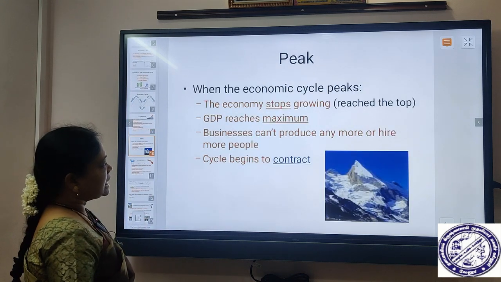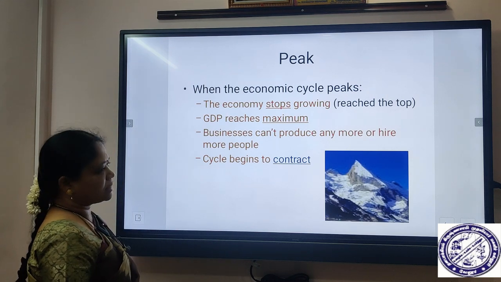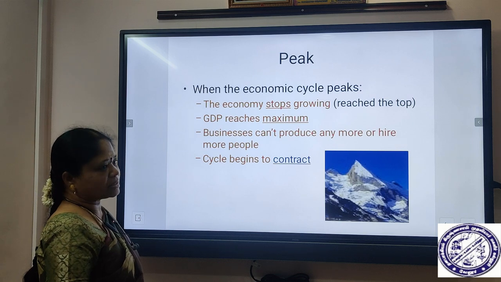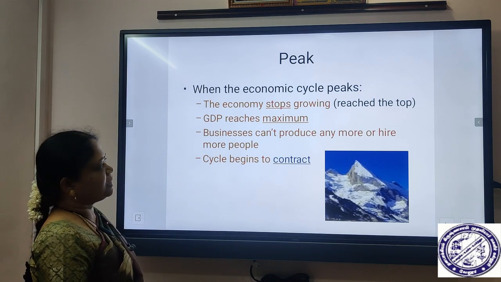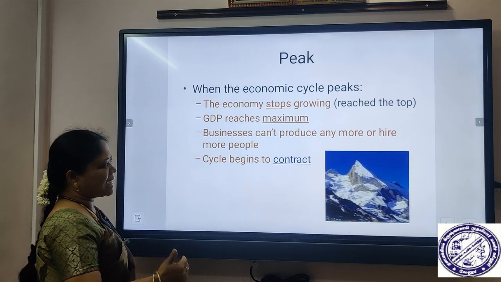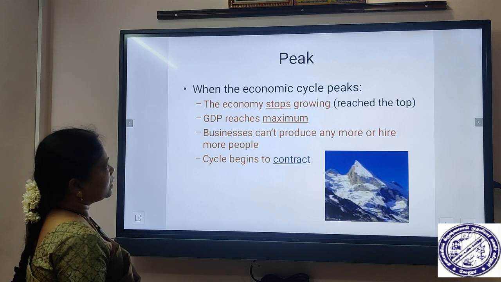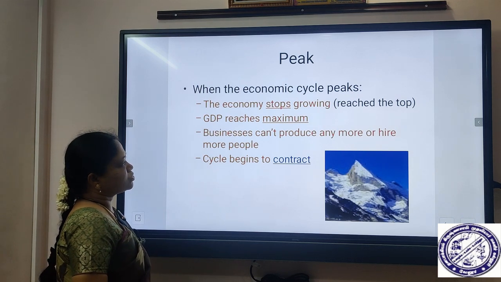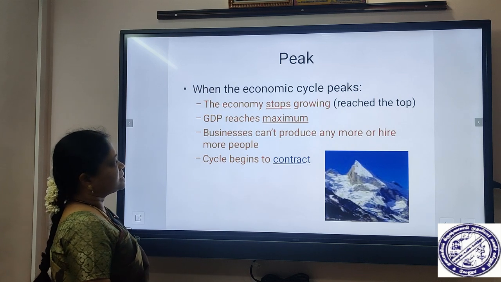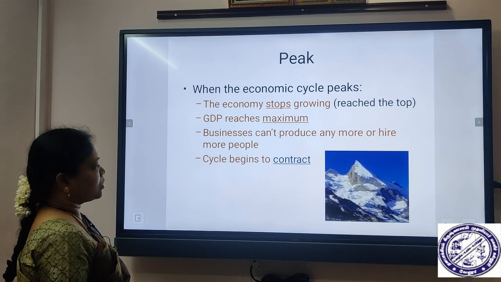Then coming to the next phase of business cycle, it is the peak. Once expansion is there in the economy, definitely it has to reach the peak, that is the maximum level of development in the economy. As the economy has reached the maximum level, it has to stop growing and the businesses can't produce more than what is there in the economy.